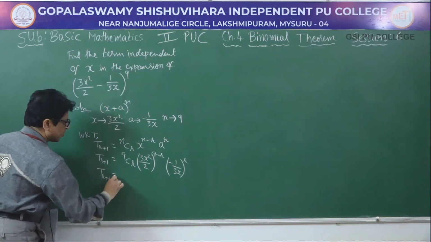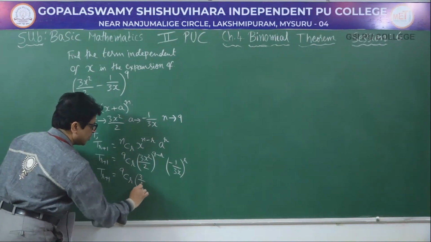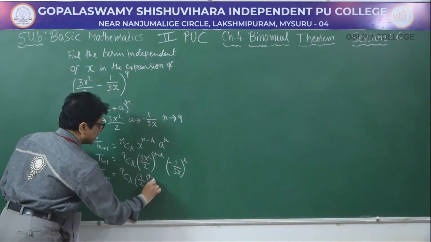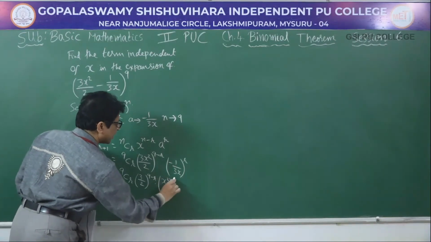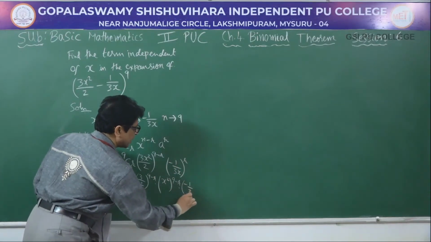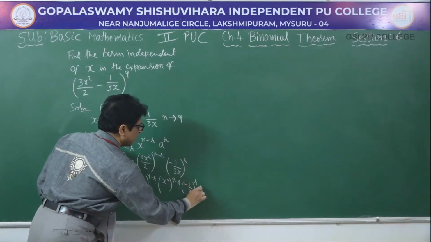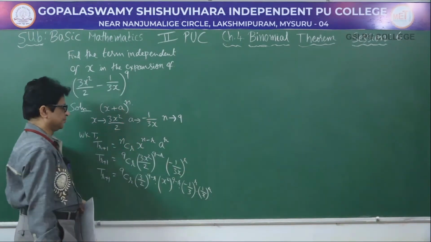T(r+1) is equal to 9Cr into (3 by 2) whole power (9 minus r) into (x square) whole power (9 minus r) into (minus 1 by 3) whole power r into (1 by x) whole power r.